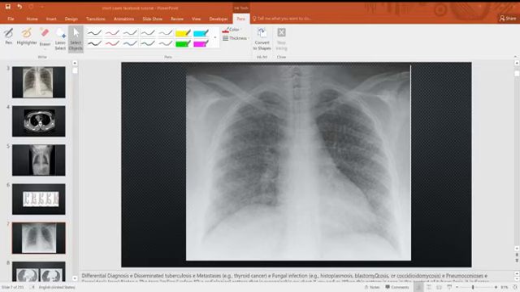Someone said it is miliary TB. Miliary shadows are noted on the chest X-ray, and others said it is miliary TB.